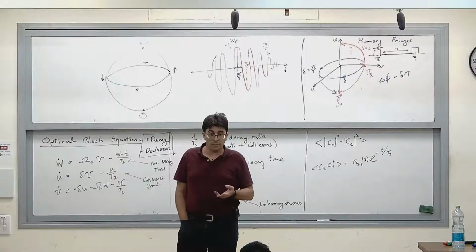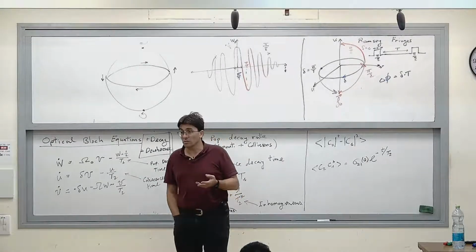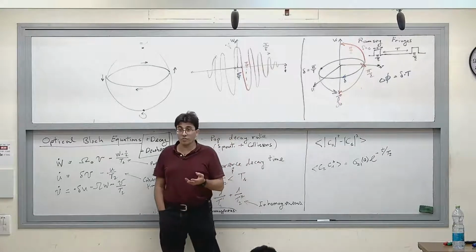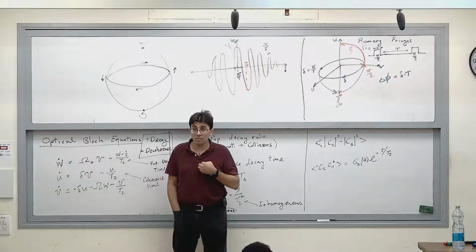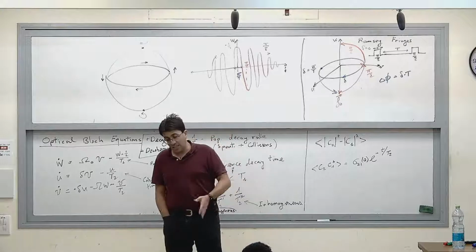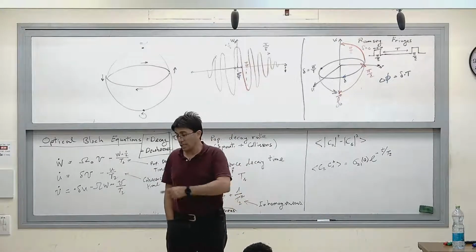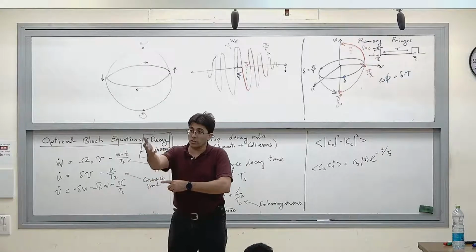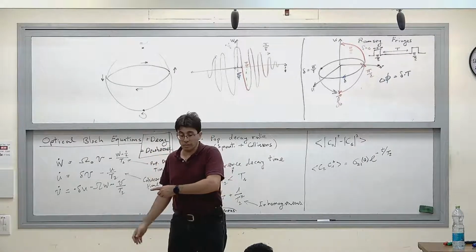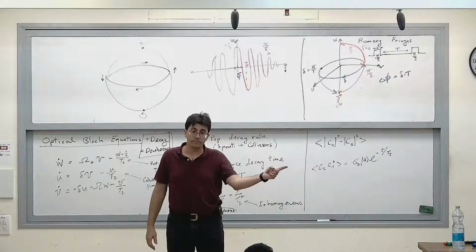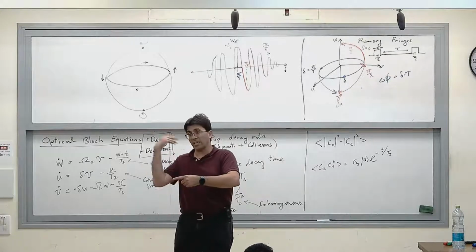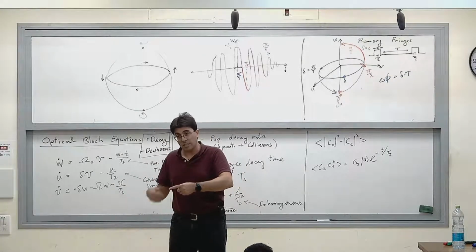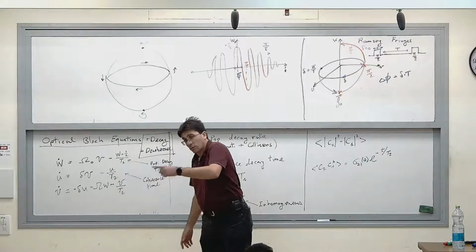For example, if the atoms have different velocities, they have Doppler shifts relative to the laser. So for an atom that is sitting, maybe the detuning is 0. For an atom that is flying in one direction, the detuning may be positive and it will be running in this direction. For an atom that is flying in the other direction, the detuning is negative and it is rotating the other way around.